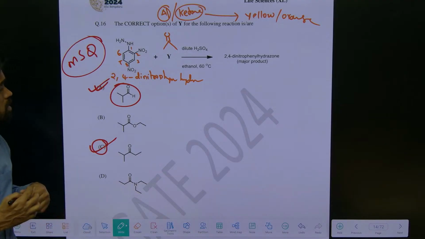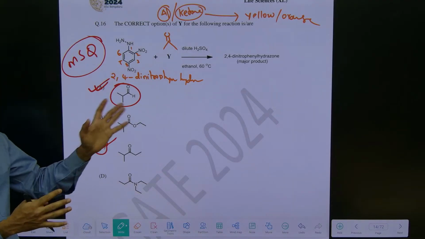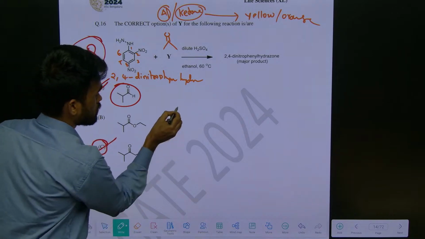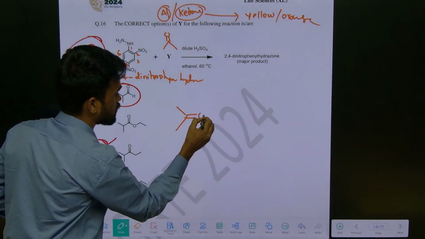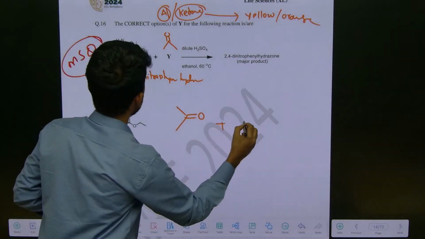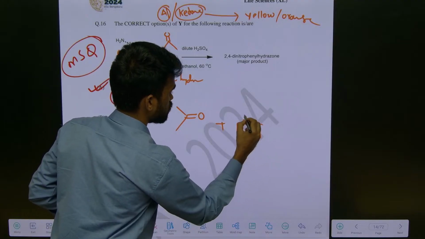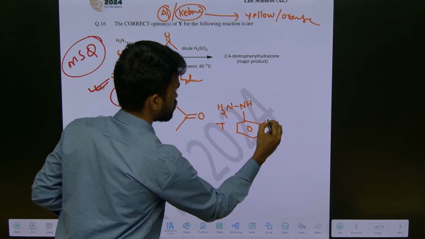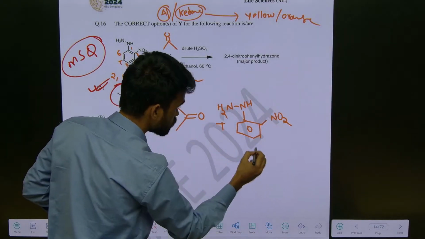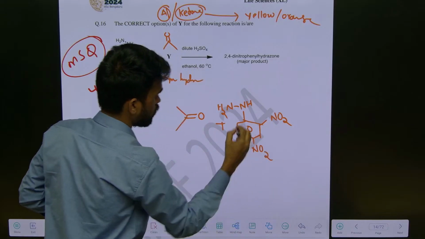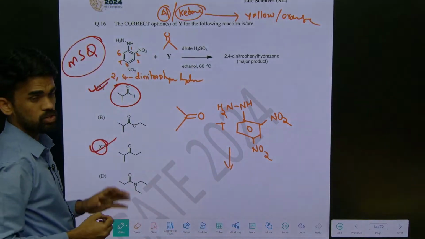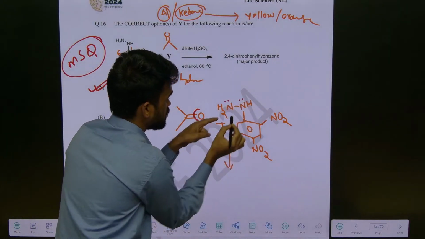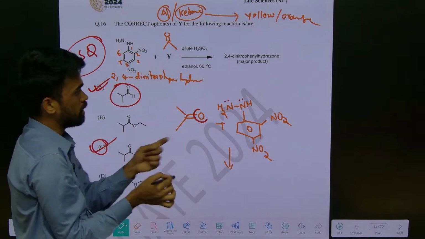And if they ask us to represent the structure of the product formed, you need to see the carbonyl compounds, meaning aldehydes or ketones. Out of these two nitrogens, this terminal nitrogen is nucleophilic, it will donate the electrons.